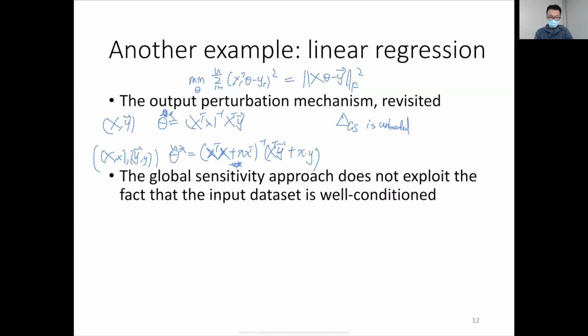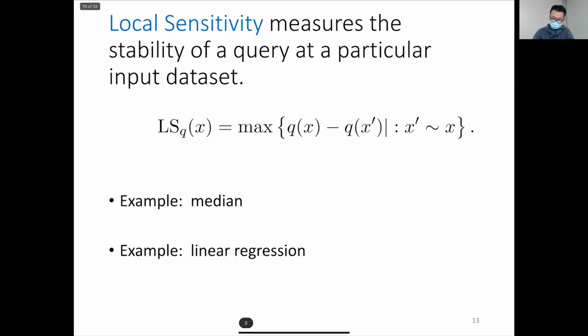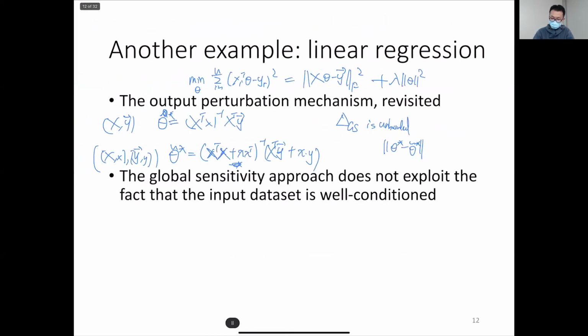Right. So what is the approach that we used from earlier? It is to regularize, right? Suppose we regularize by adding this additional regularization term so that the problem becomes strongly convex. Then using the definition of strong convexity, we can show that this is smaller than the Lipschitz constant over lambda. And what is the Lipschitz constant here?